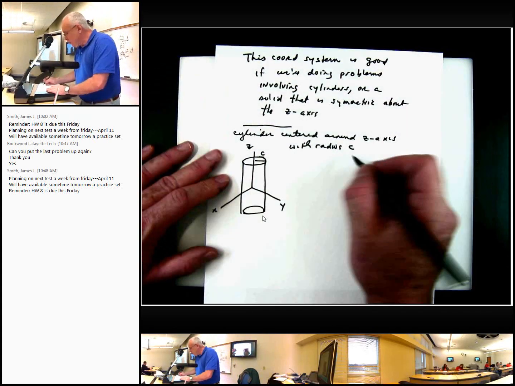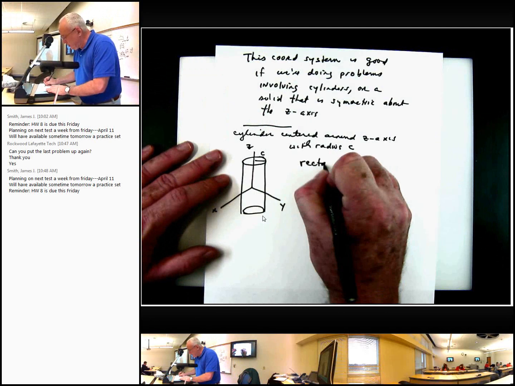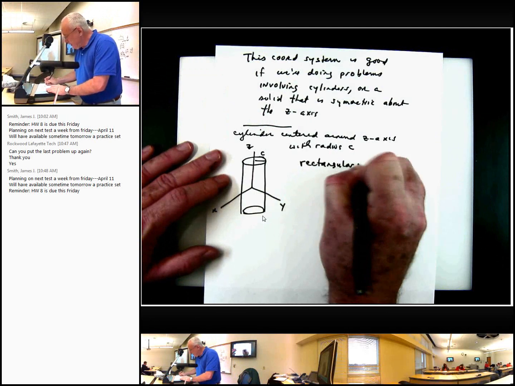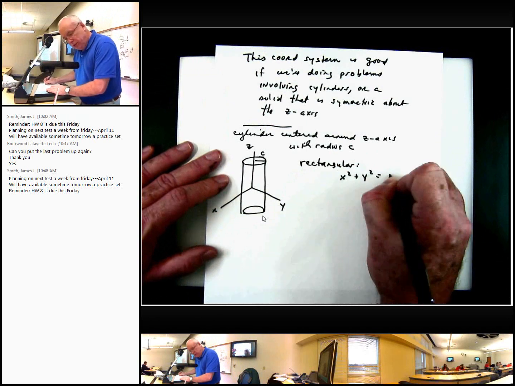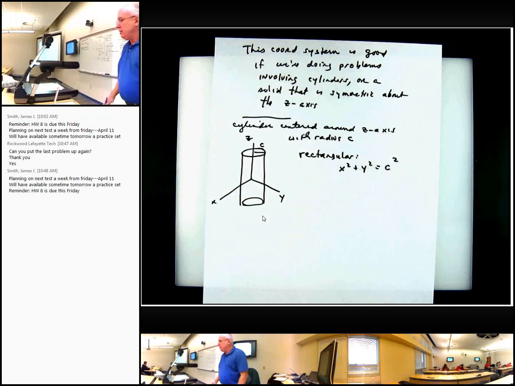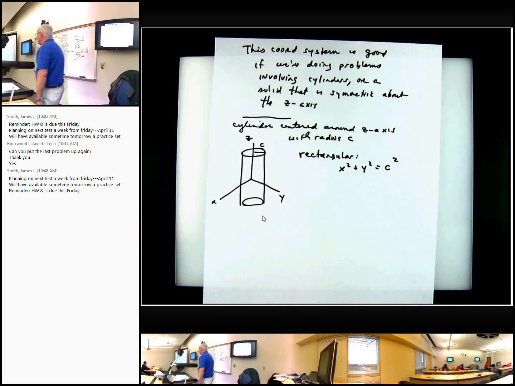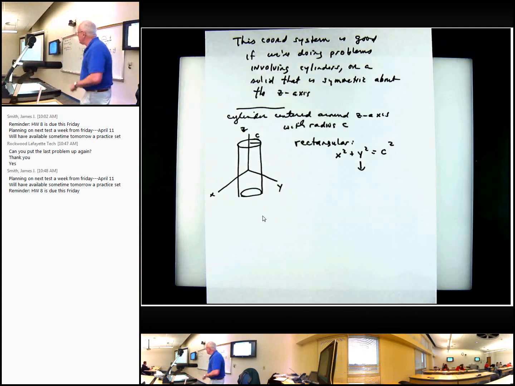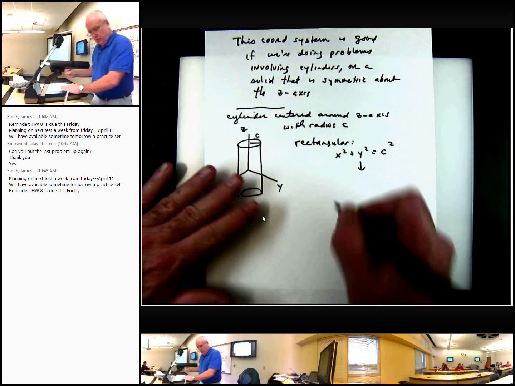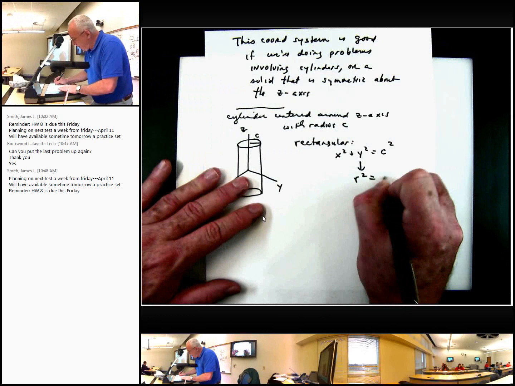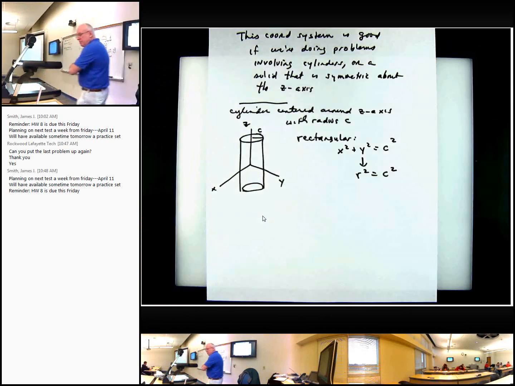Now, in terms of rectangular coordinates, this is represented as x squared plus y squared equals c squared. z goes all the way up and down, so we don't have z in there. Now, this can be represented in terms of the cylindrical coordinates by replacing x squared plus y squared with r squared. So it can be represented as r squared equal to c squared.